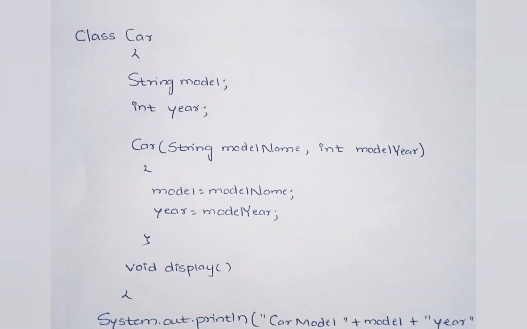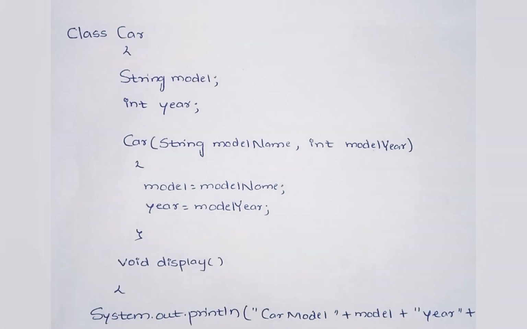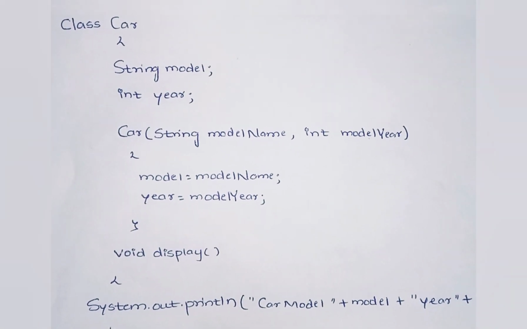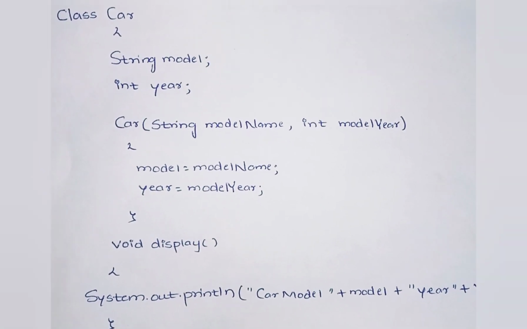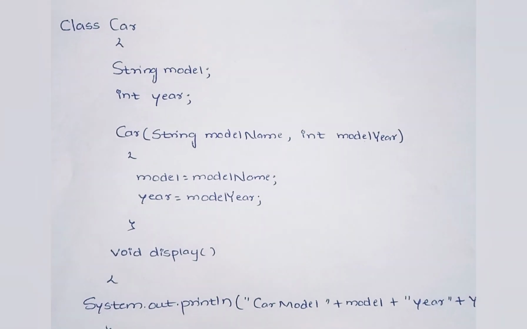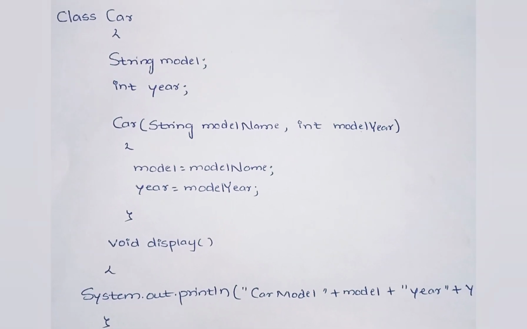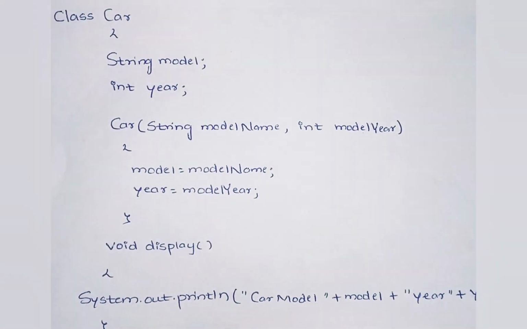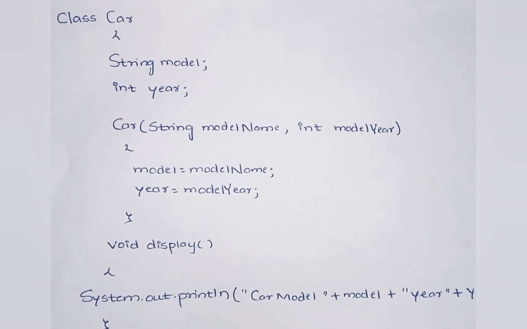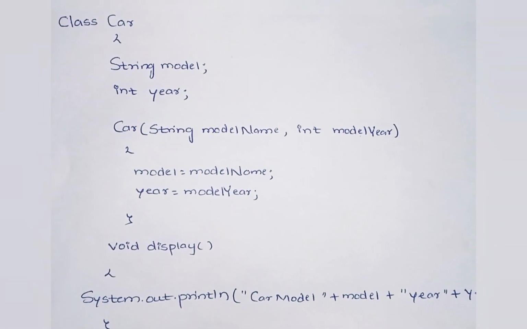In previous classes we have seen there are different types of methods in Java, like methods with parameters and methods without parameters. Similarly, for constructors in Java we have constructors with parameters and constructors without parameters. Just now we have seen the default constructor, which does not have any arguments or parameters.